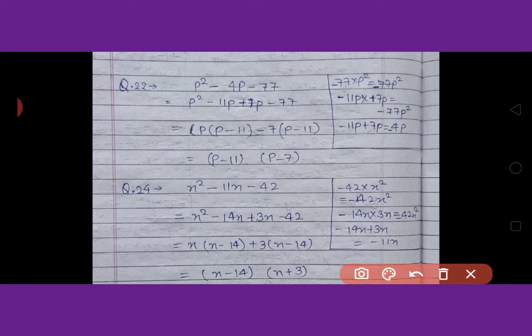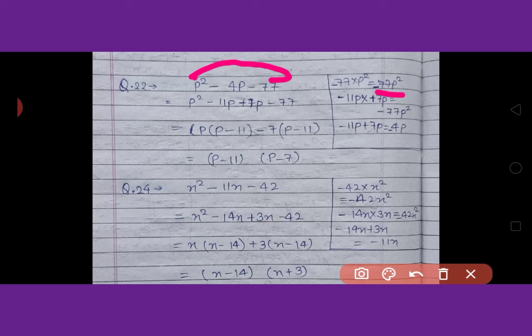As I have told you in the previous video, the first stage of this question is the multiplication of the first and third term. So minus 77 will multiply with p square, giving minus 77p square.